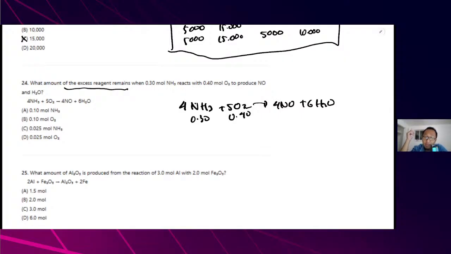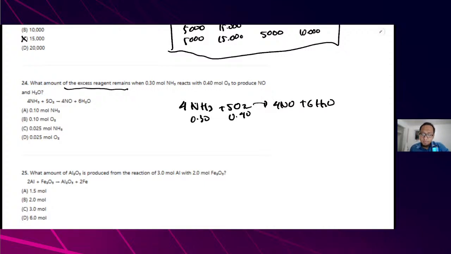Like my previous illustration, guys: if 4 people are getting 3 cookies, and 1 person getting 1 cookie, and then 3 people getting 1 cookie each, which one runs out first? It will be the 3 people.